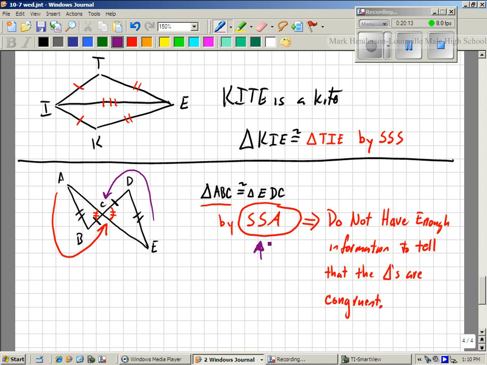Does that make sense? So you go either clockwise or counterclockwise around the triangle, and you just gather what you know as you go further and further around. So this one, since it is side-side-angle, you don't have enough info to tell you that the triangles are congruent. So you don't know that this is true, even though you would like it to be. Okay?